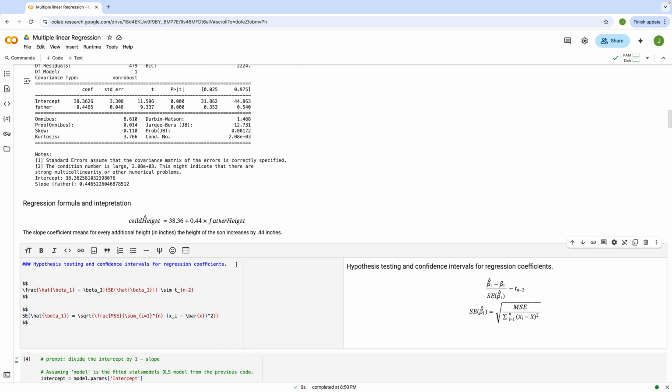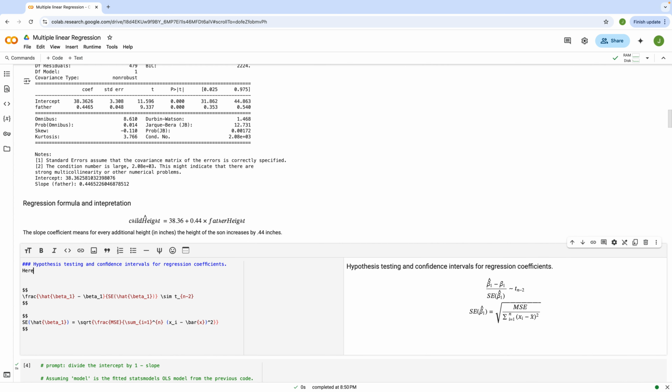So maybe that'd be worth writing down. Here, the typical null hypothesis, although it could be any null hypothesis, it doesn't have to be zero, but what's provided in this output is that beta 1 is zero, meaning it does not affect the output.